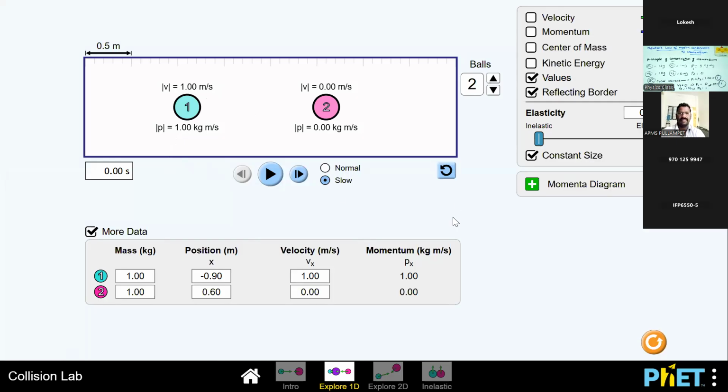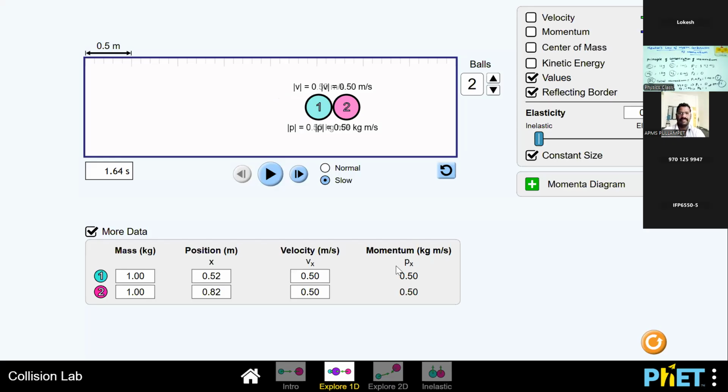Right. Now after the collision, look at the velocity 0.50, mass 1 and 1. So combined mass 1 plus 1, 2 kg. Velocity 0.50 meter per second.